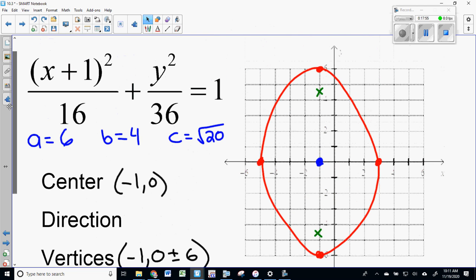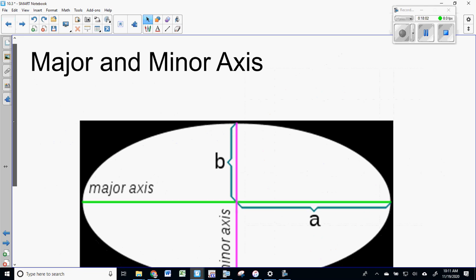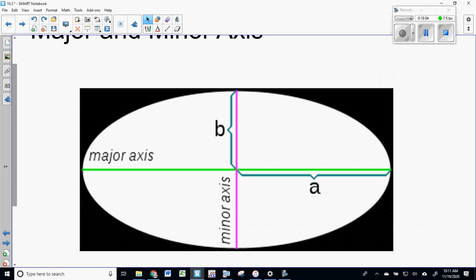Now, one thing I want to talk about between these two, that we've kind of talked about, is this idea. I said the long and the short. The technical term here is the major and minor axis. There's some spot at the bottom of your front page where there's some blank space. When you have an ellipse, the major axis is the longer of the axes across the ellipse.